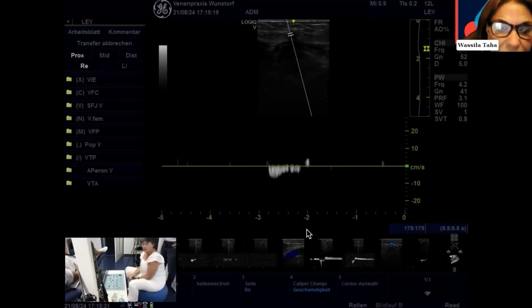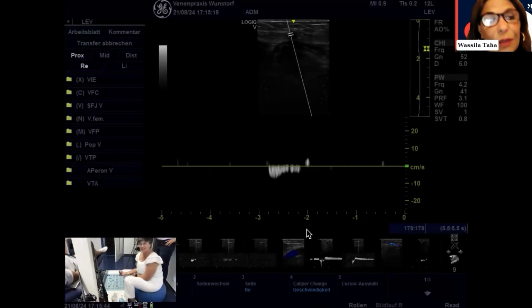It has a name, this maneuver, Erika? It is called the dependency maneuver. When you have a small vein and you don't have any reflux in the standing position, then you ask your patient to lie down, raise the leg, and repeat it again at the same level. This maneuver, I like it very much.